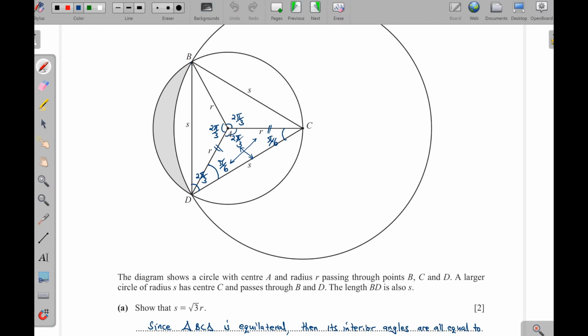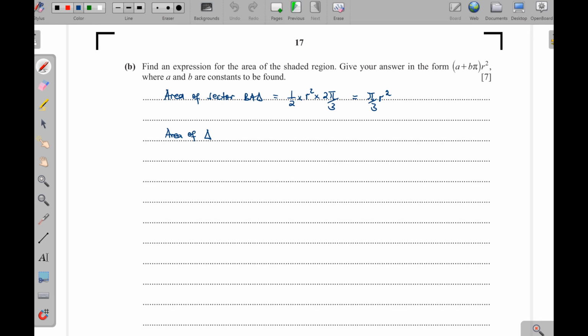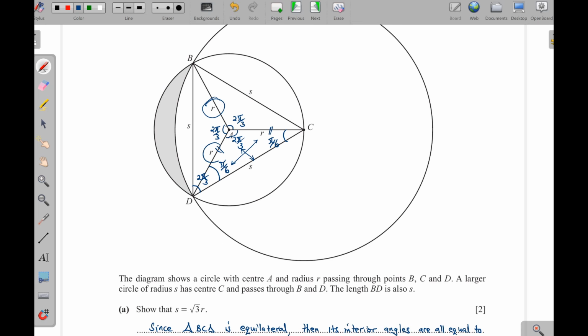Then I will need to find the area of the triangle. Which triangle? This one here, BAD again. Area of the triangle BAD. This is a half. If you know the two sides that are forming an angle, A and B, then the area of that triangle is a half A times B, then sine of the angle that is in between. So we go back to our diagram, and we look out for the two sides that we know, r and also r here, then the angle in between.